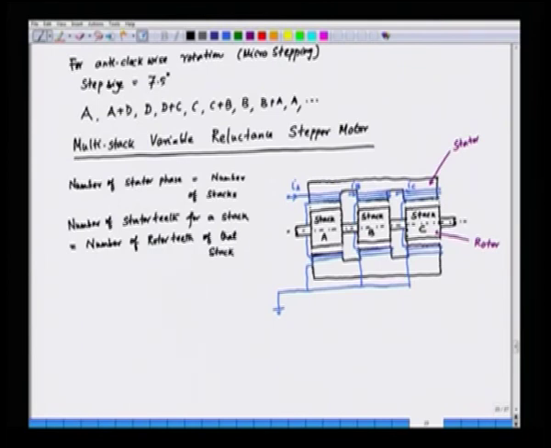And they are aligned in the sense that if this is the stator tooth and slot like this, this is the stator, the rotor will have the teeth and slot and they will be aligned in this case. So, this is the rotor structure.